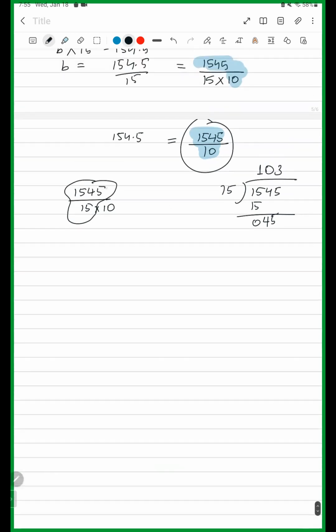Because see, what is 1545 divided by 15? ये हमने find किया, that is 103. So it is 103 divided by what? ये भी तो है ना denominator में 10.